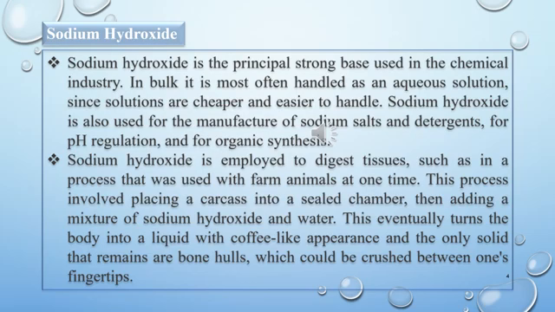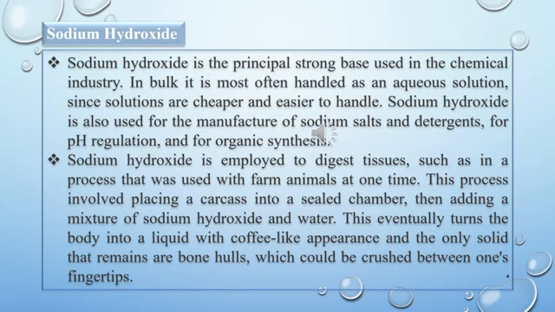Students, in this point, it is said that sodium hydroxide is used to digest tissues. For this purpose, we place a carcass in a chamber and then we pour sodium hydroxide on it. The sodium hydroxide digests the carcass and converts it into a coffee-like liquid.